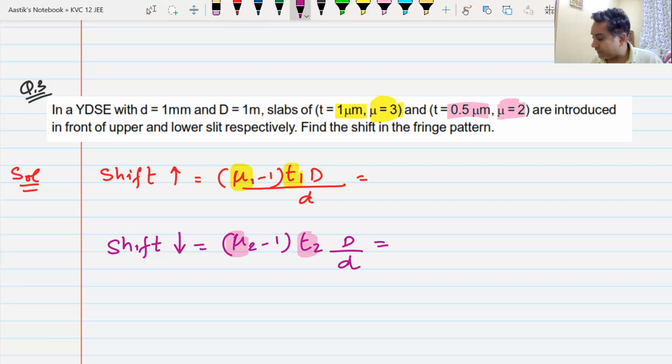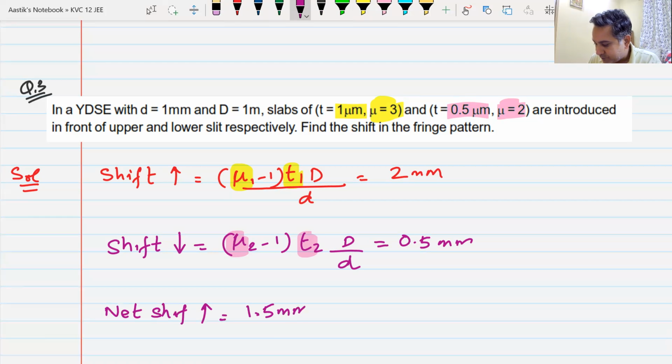Upwards it is coming as 2 mm, and the downward shift is coming as 0.5 mm. So basically, the net shift will be upwards, and it will be 1.5 mm.